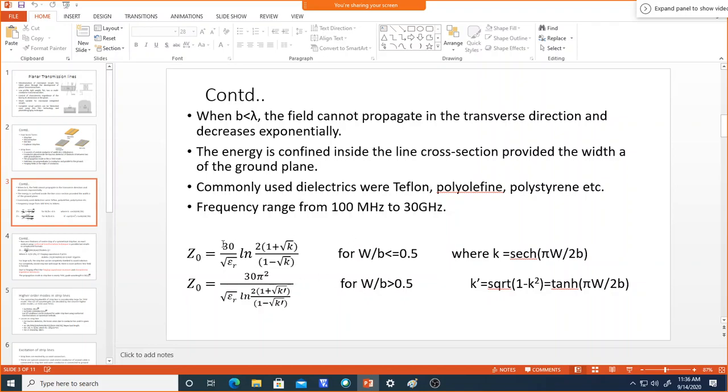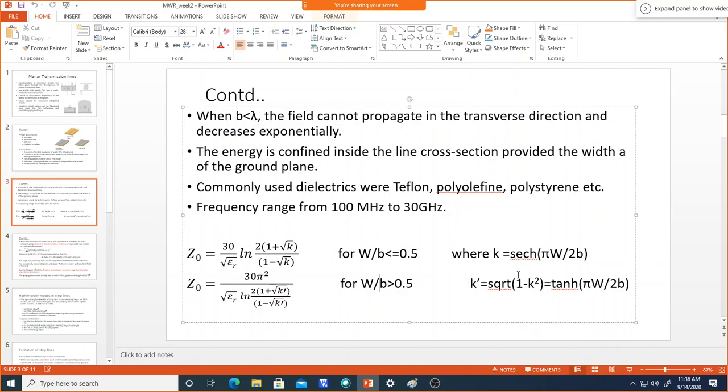Now this impedance calculation will be used only for a w by b ratio less than or equal to 0.5. So if you take the ratio of the width of the conductor to the height of the substrate, and it is less than 0.5, then you can use this equation. Otherwise you have to use this equation, that is 30 pi square root epsilon or ln of 2 into 1 plus root of k dash.